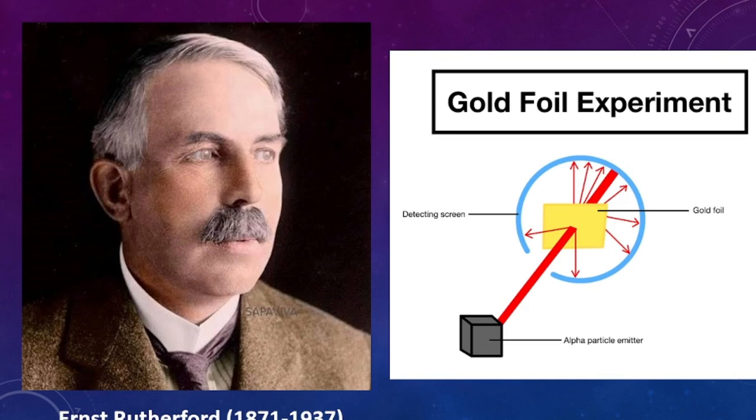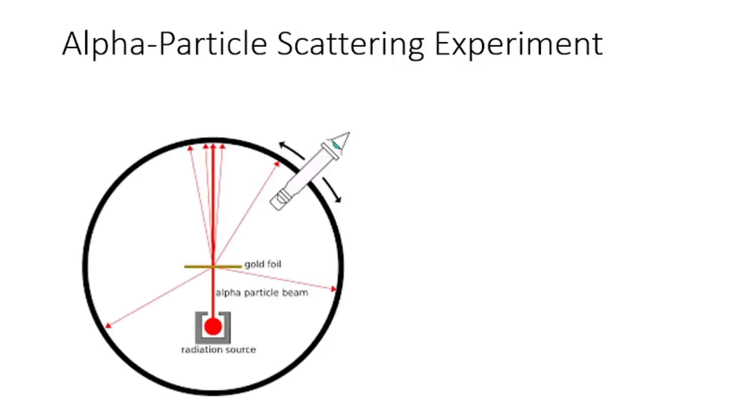Around the gold foil they placed a fluorescent screen, which acts as a detector and is coated with zinc sulfide. When an alpha particle strikes the screen, it produces a tiny flash of light, and these flashes can be observed using microscopes. Fine, so this is the experiment.